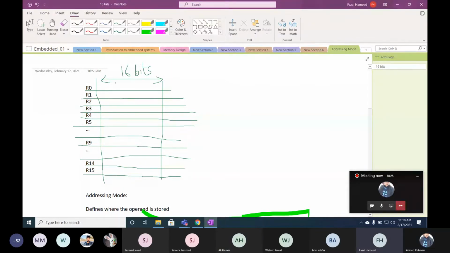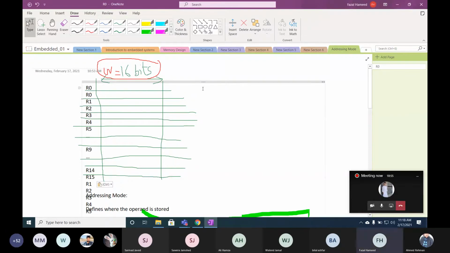What is W in this particular example? W is equal to 16 bits. Okay, now similarly, we have address registers.